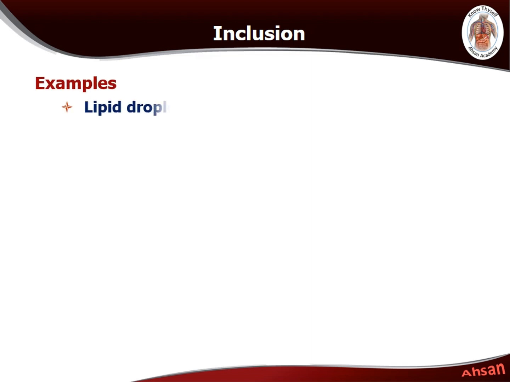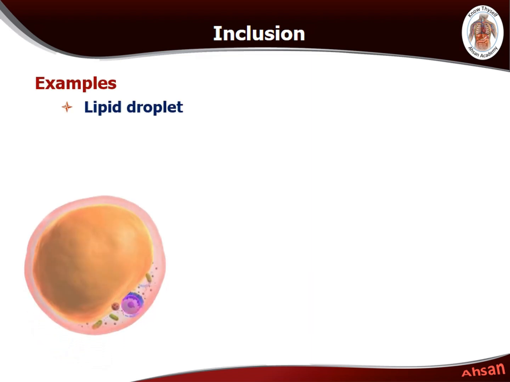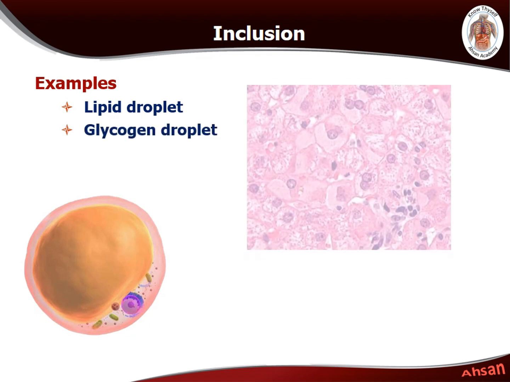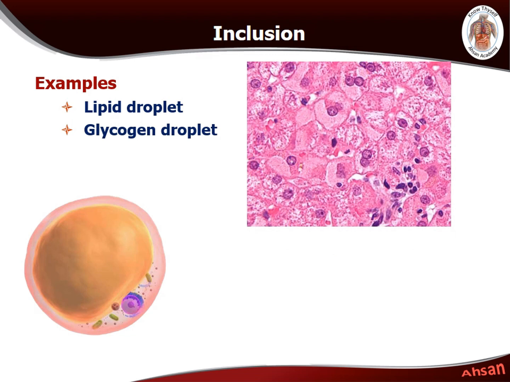Inclusions present in the cell may be lipid droplets. This is a fat cell with a very large lipid droplet. Glycogen droplets, you can see, are darkly stained here. Also, some pigments are shown, darker blackish pigments. So these are the inclusions.